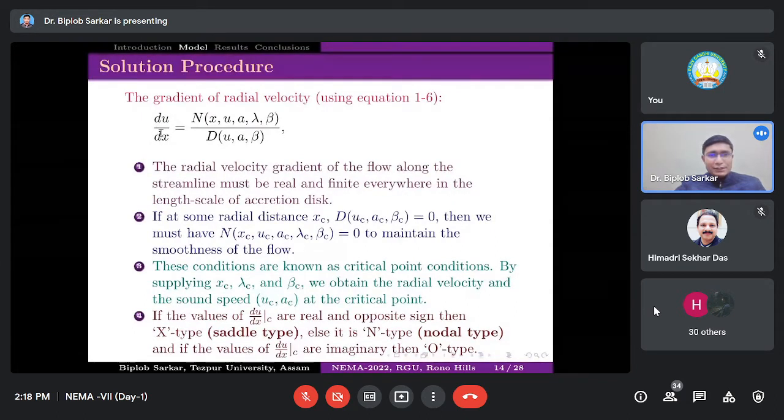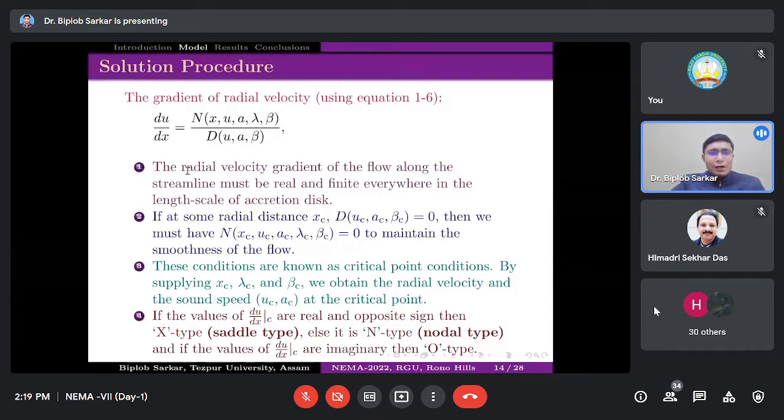So du dx is the radial gradient of radial velocity, which takes a form of some numerator by denominator, where the numerator is a function of the radial coordinate, the radial velocity, the sound speed, angular momentum beta, and the denominator is also a function of the flow velocity, sound speed, and the plasma beta parameter.